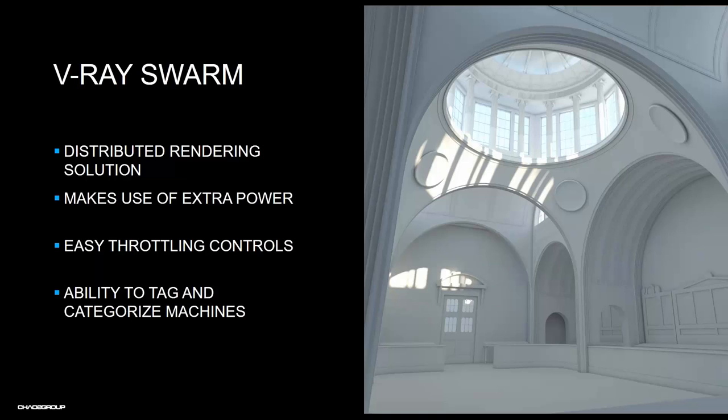To leverage our resources. For example, if you have hardware resources dedicated for this purpose, like a render farm, you can use V-Ray Swarm. Or if you don't have this resource, you can grab the existing resources in your office.